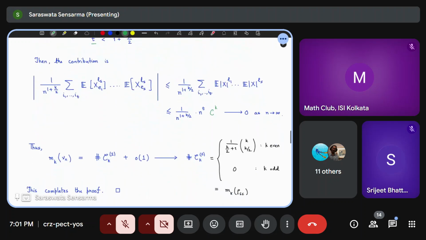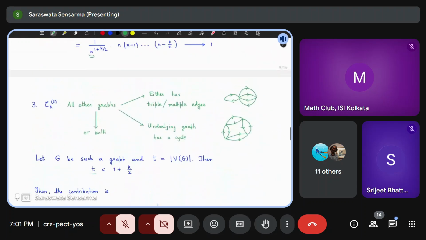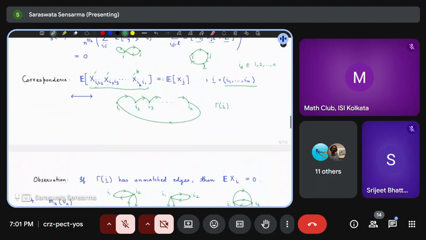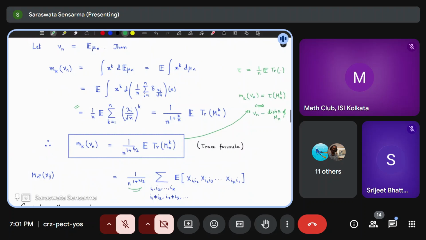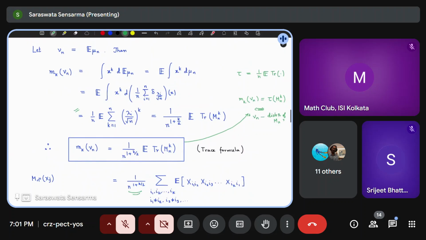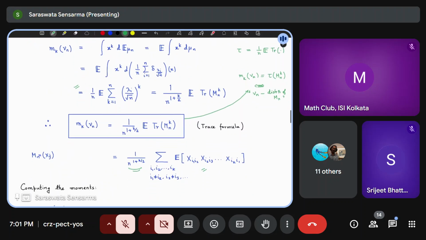So yeah, I guess I didn't lose the thread, but went a little bit carelessly through this. Basically what we did was we had this summation, and we divided it up into 3 parts. One part was exactly 0. These are those indices where the corresponding graphs have lone edges.